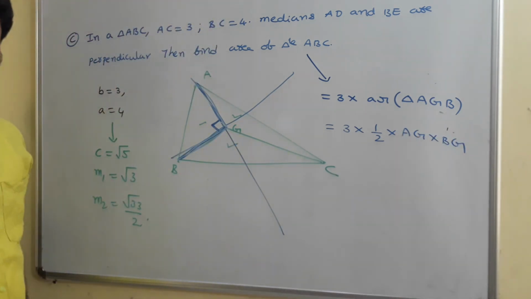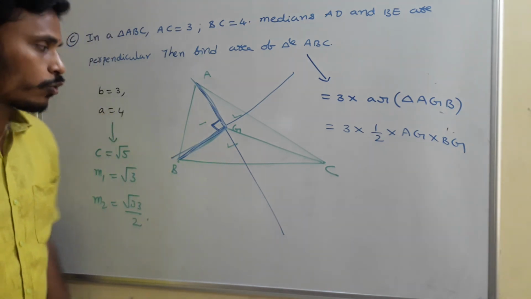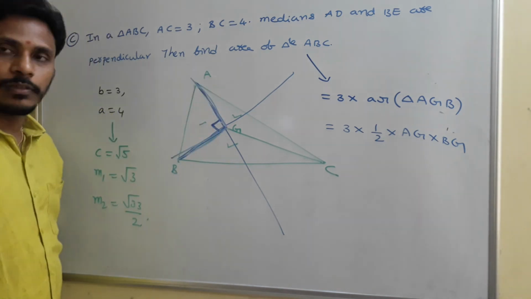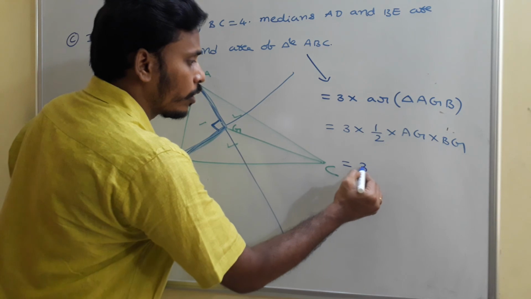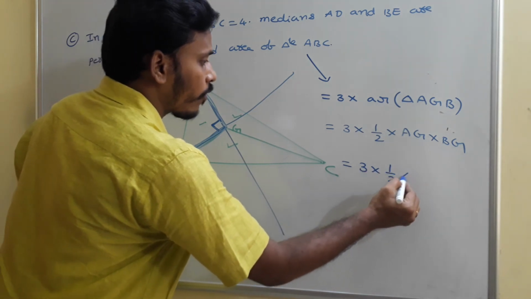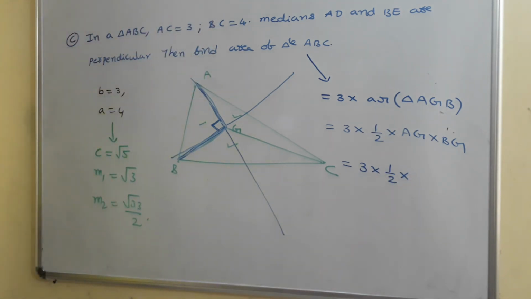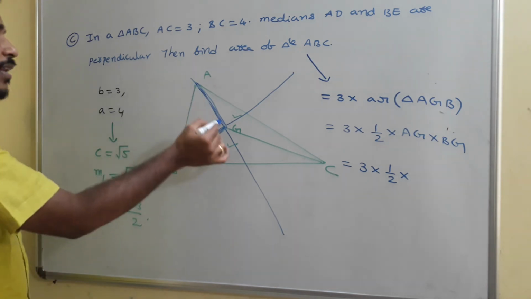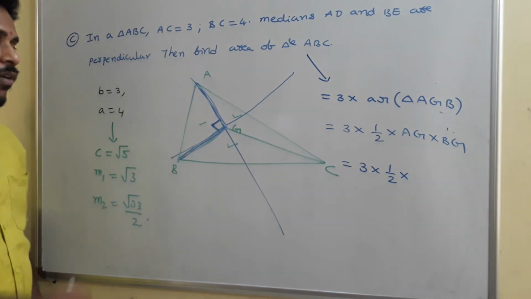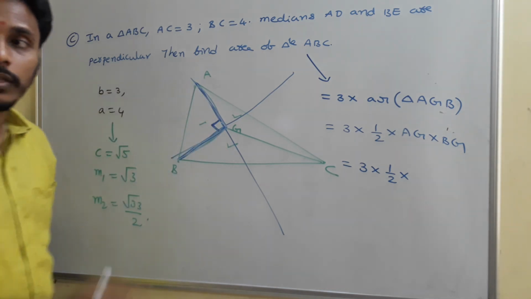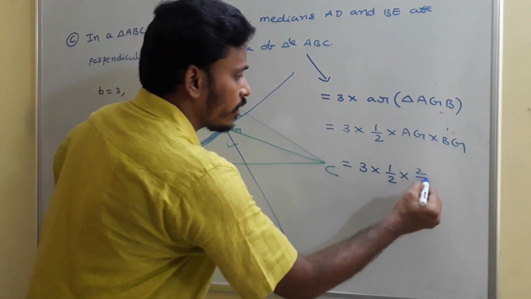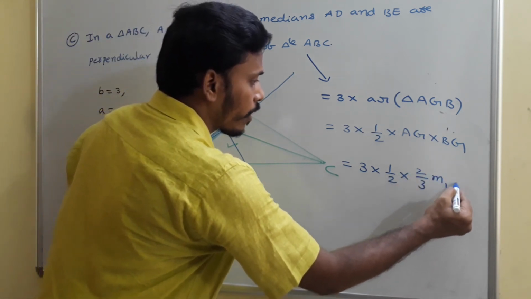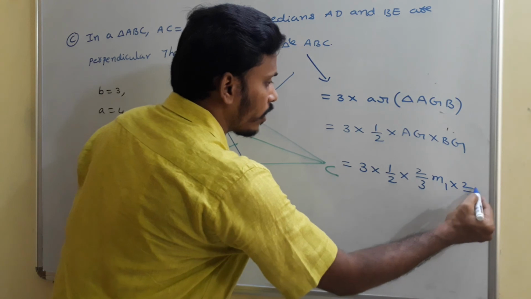For a right angle triangle, area is half into product of the two sides. What is AG? AG length is simply, this is m1, right? AG is 2/3 of that m1, so AG is 2 by 3 m1 and BG is 2 by 3 m2.